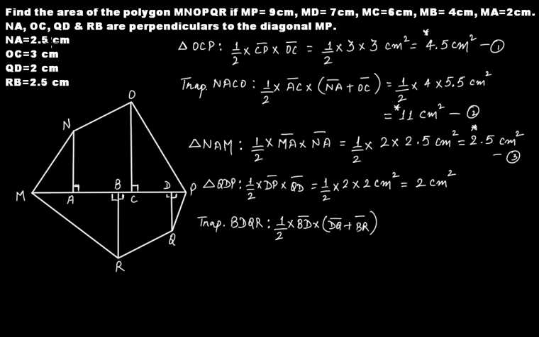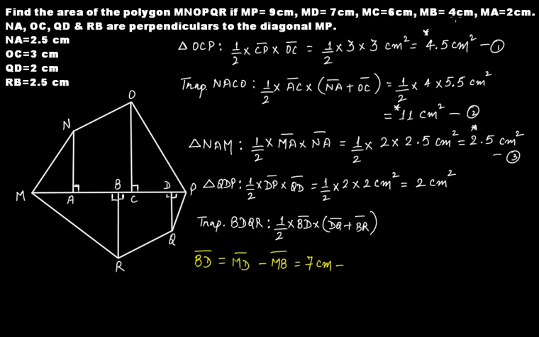What is the value of BD? Do we have this value of BD? No, we don't have this value of BD. So how to calculate BD? Well, BD is the line segment MD, that's here, minus the line segment MB, that is here. So you have MD as 7 centimeter minus MB, I'm sorry, this is MD minus MB.